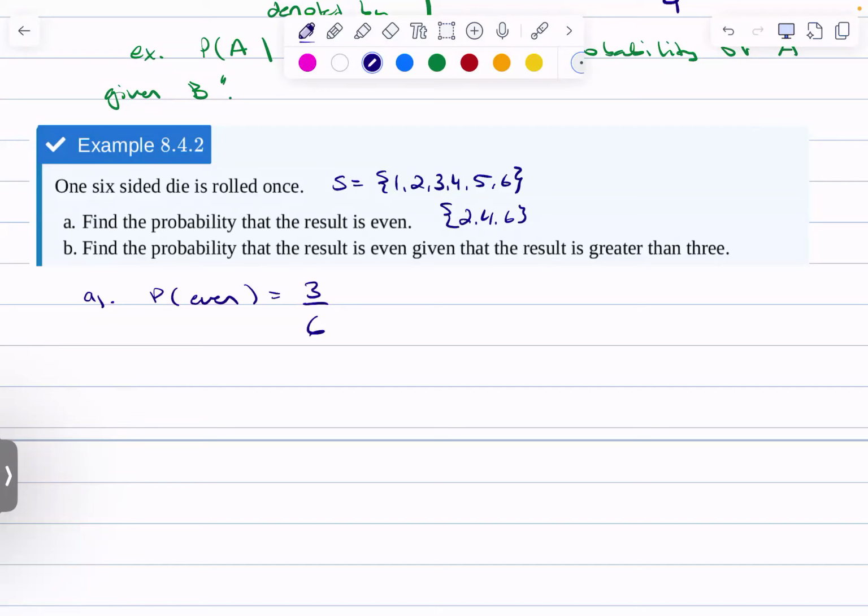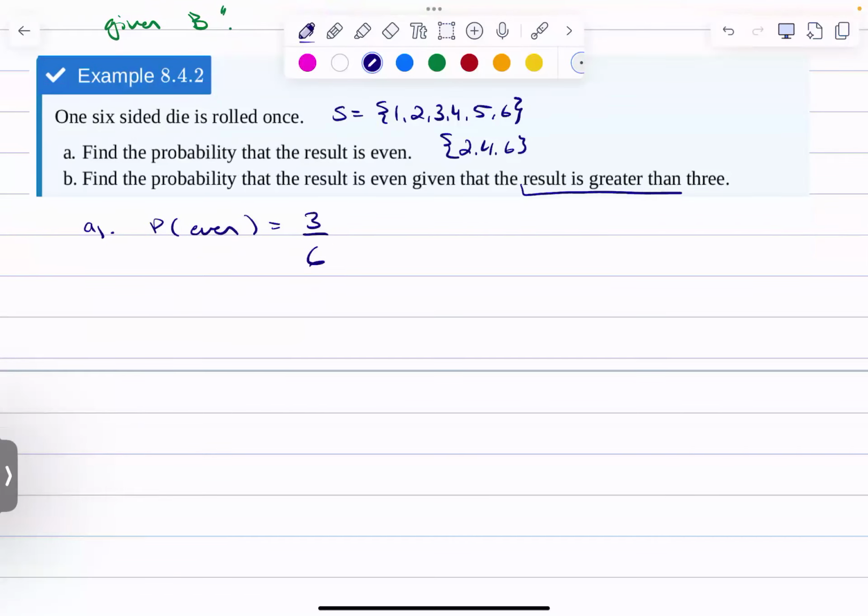Find the probability that the result is even, given that the result is greater than 3. So now the result has to be greater than 3. So we know that it's 4, 5, or 6. And so here the result is greater than 3. So I've got 4, 5, or 6. And now I have 2 of those that are even.